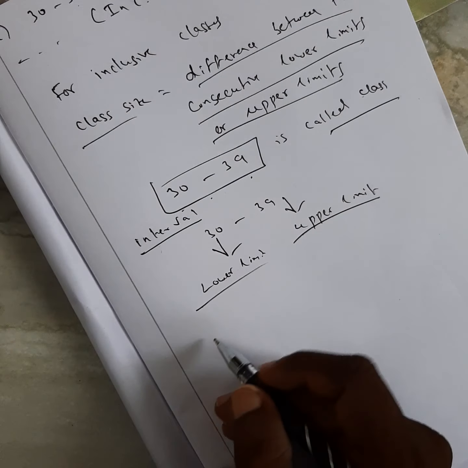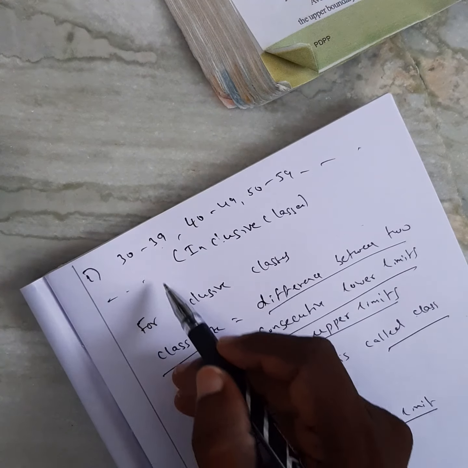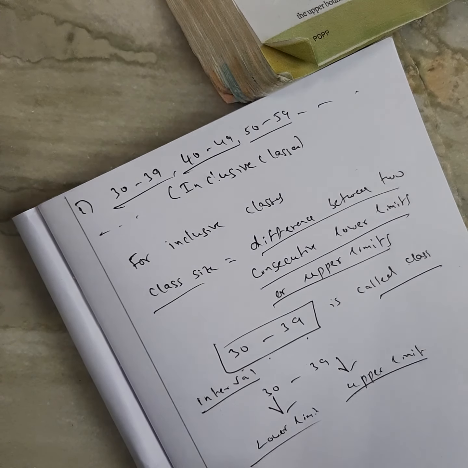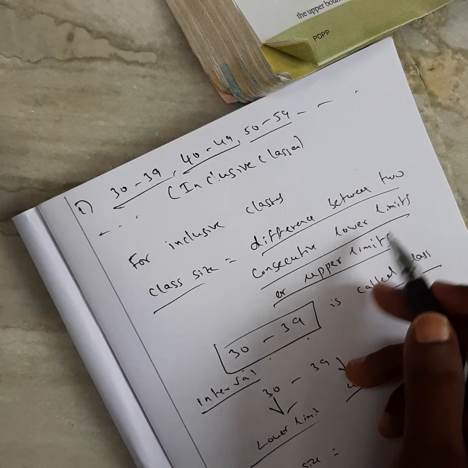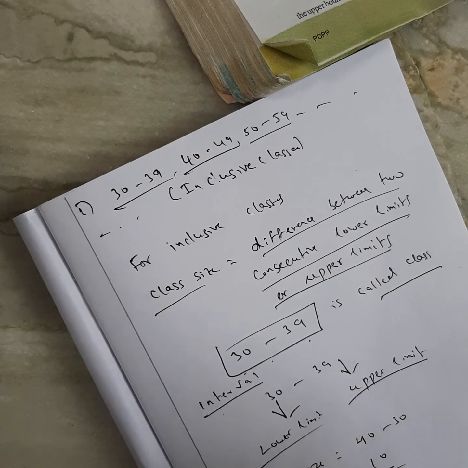The class intervals we have are 30 to 39, 40 to 49, 50 to 59, like that. So class size is 40 minus 30, which is equal to 10.